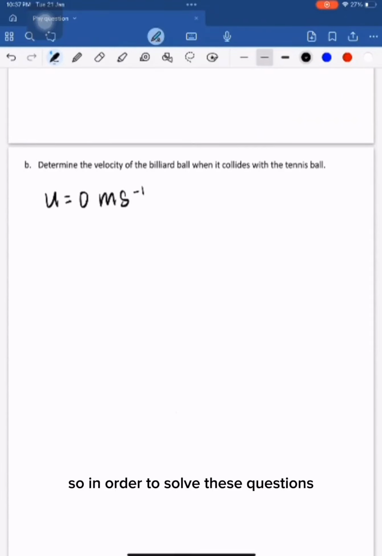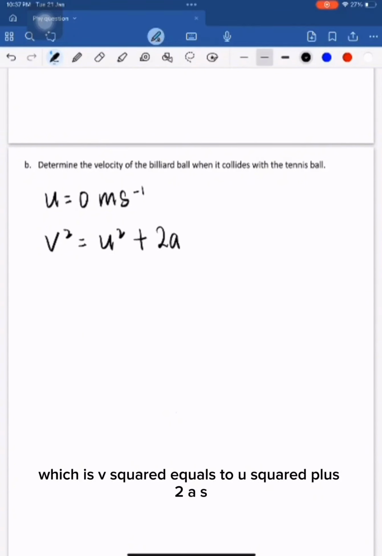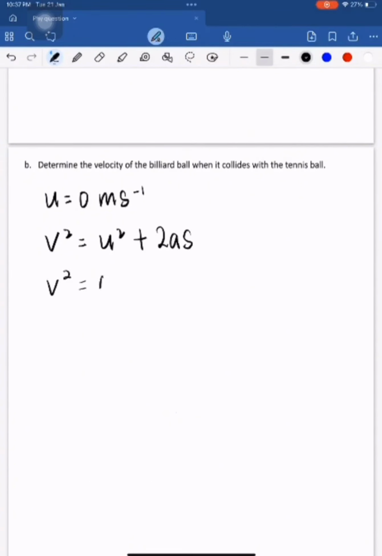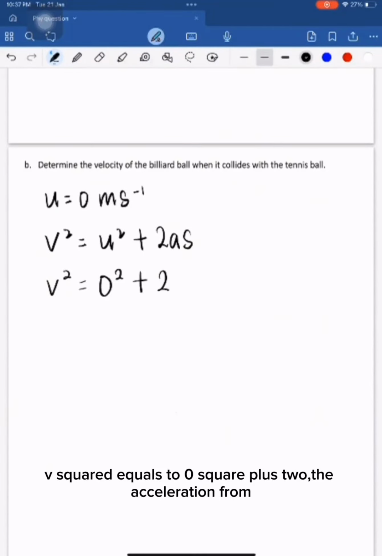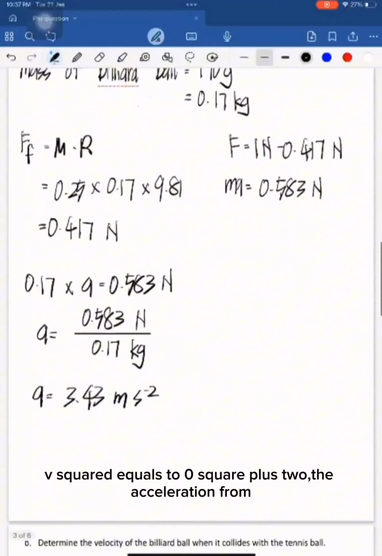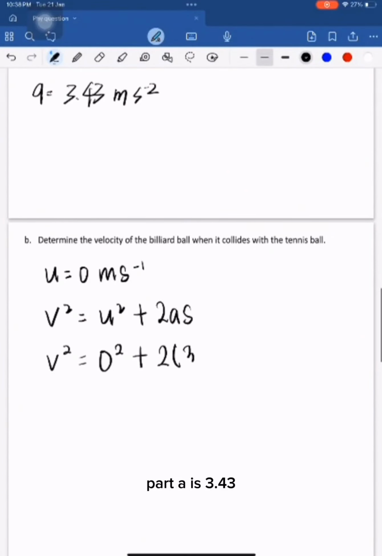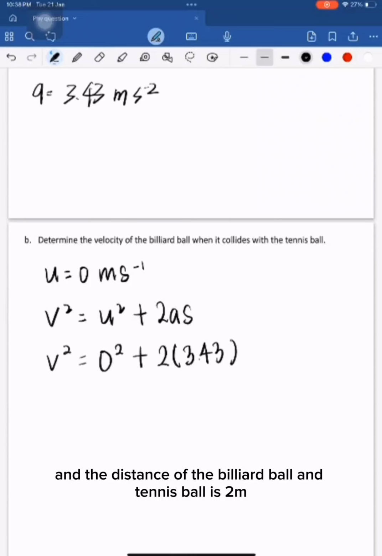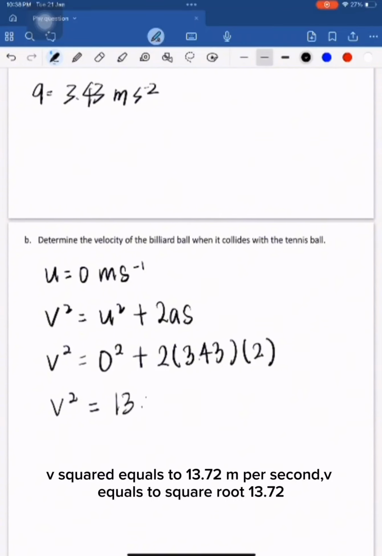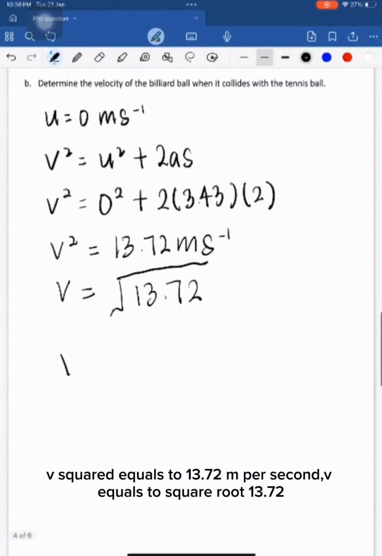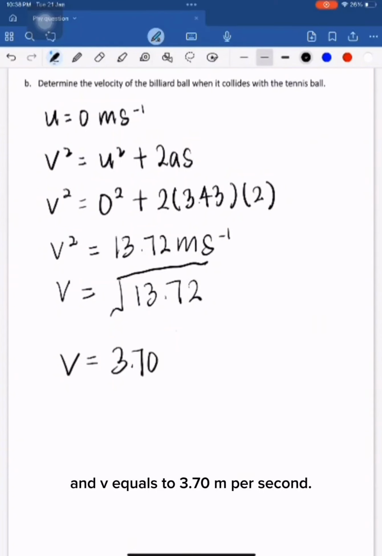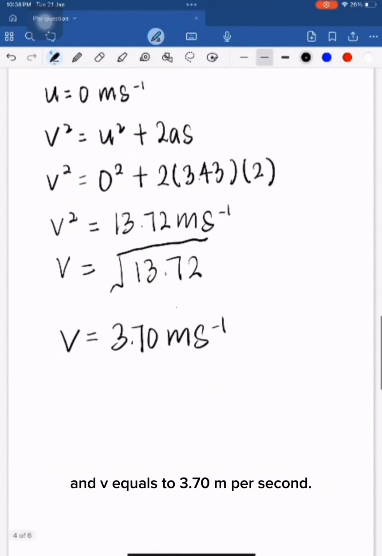To solve this, we can use one of the equations of motion, which is v squared equals u squared plus 2as. v squared equals 0 squared plus 2 times the acceleration from part A, which is 3.43, and the distance between the billiard ball and the tennis ball is 2 meters. v squared equals 13.72. v equals the square root of 13.72, and v equals 3.70 meters per second.